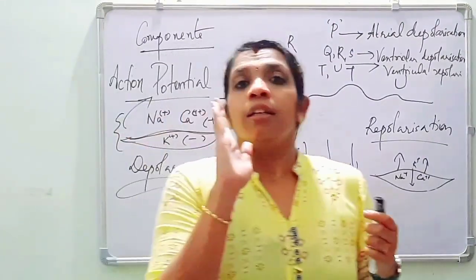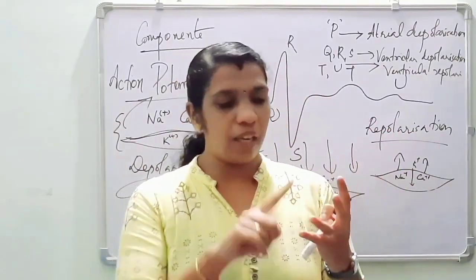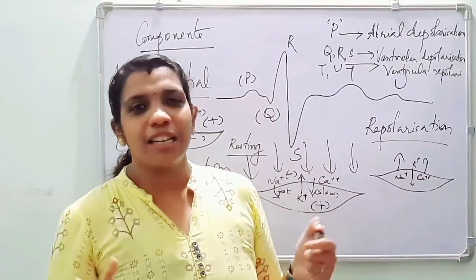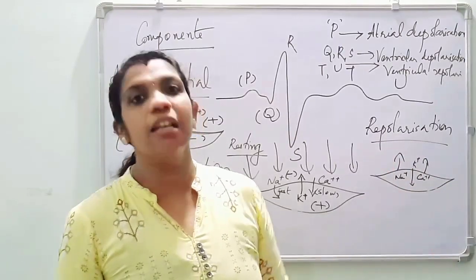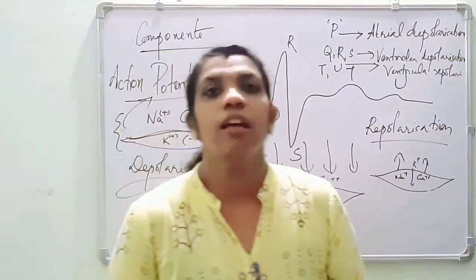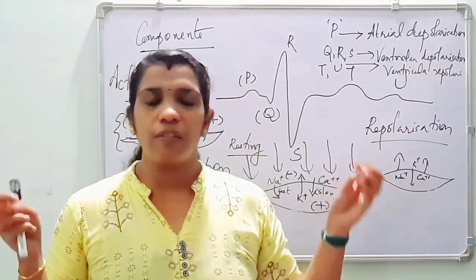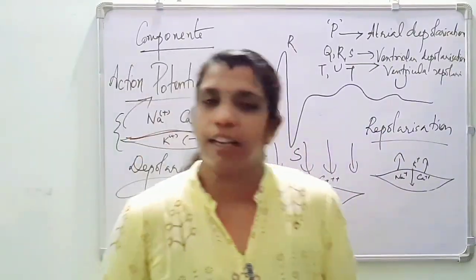So in today's class, there are 6 waves in ECG: P, Q, R, S, T, U. P is concerned with atrial depolarization, QRS ventricular depolarization, T and U ventricular repolarization. And regarding atrial repolarization, it is a very short electrical activity and it gets merged between the PR interval.